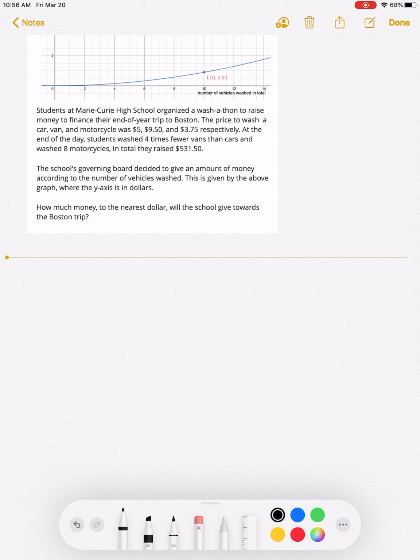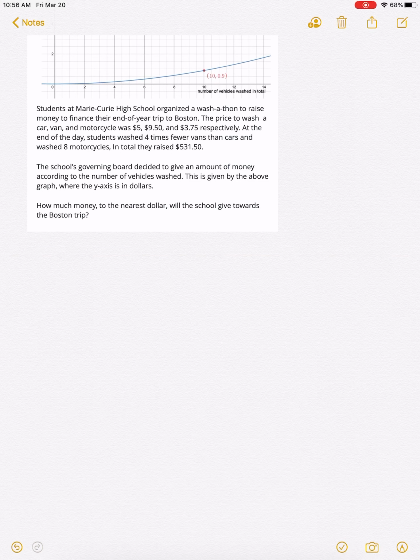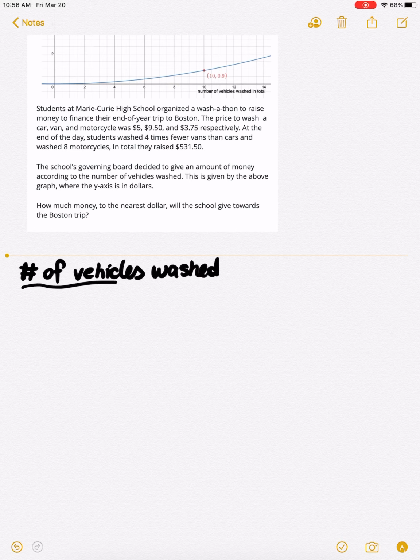So let's start with just looking at the first paragraph. We're going to use it to find the number of vehicles that are washed. Why don't we set up our variables?